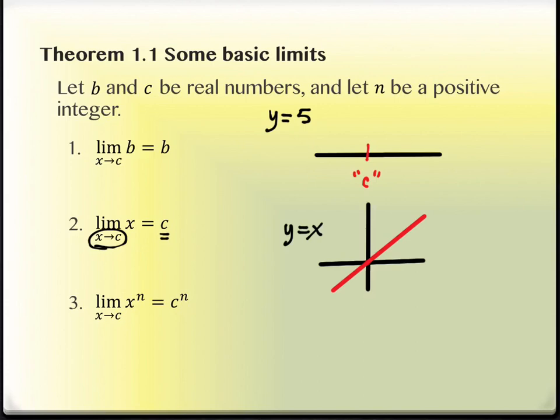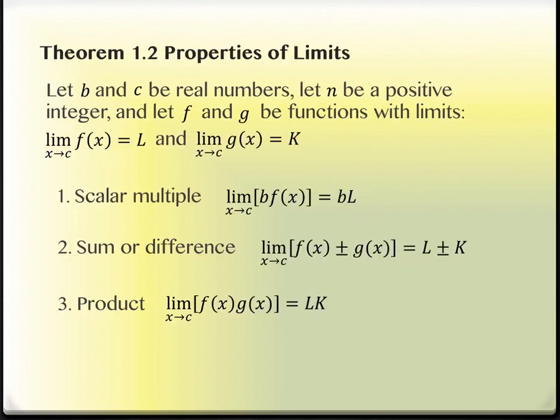Everything else we're going to do builds off of this, and they build off of this in a way that seems reasonable. You should look at this and go, that sort of makes sense. I can see what's happening here. We're going to encounter some other properties as we go through the semester where it doesn't feel quite so straightforward. But these should feel very straightforward. So if they're not feeling like they make sense, we should talk. You should come see me so we can make sense of them, because these should feel like, that makes sense.